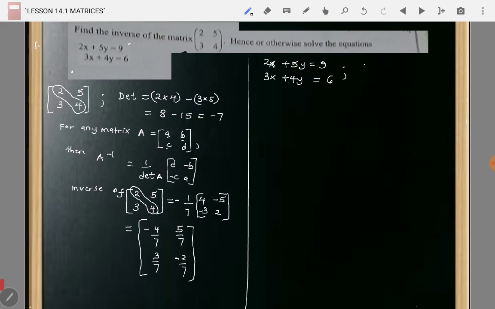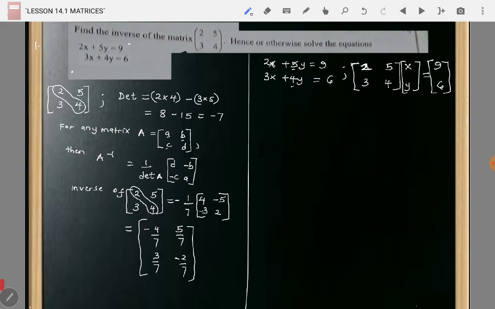So you put them in the same column so that we have 2 and we have 3. Likewise, we have 5y and 4y. We also put them in the same column so that we have 5 and 4, because all of them are y. Then we look at our equation between x and y. In each of the equations, x is coming first, so we write x, then we write y. Then the answer to this is given as 9, 6. You also write it in matrix form.